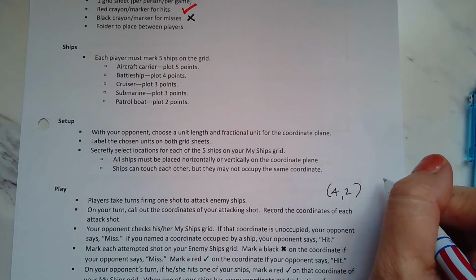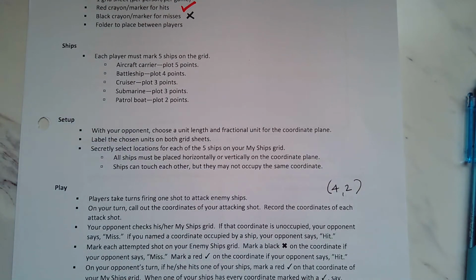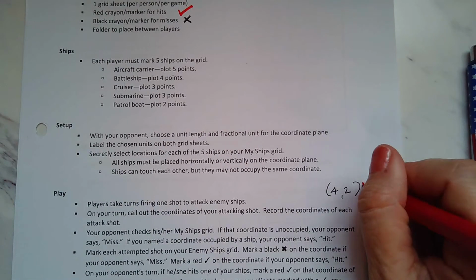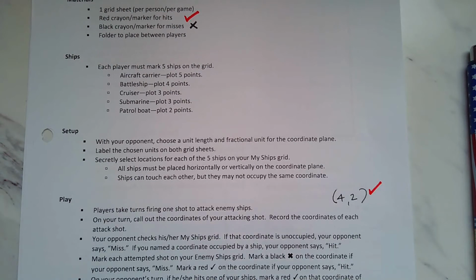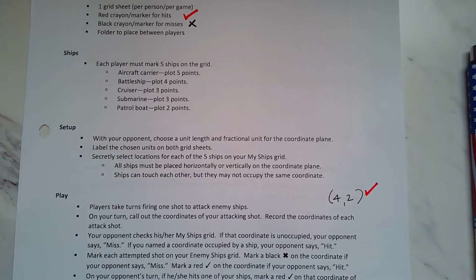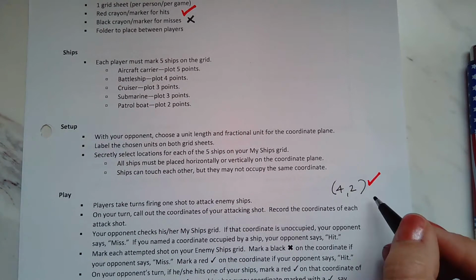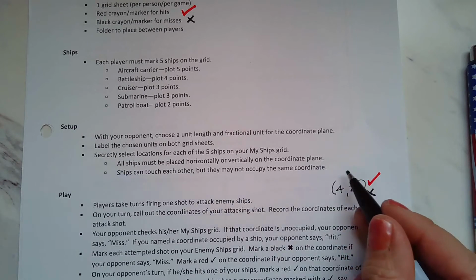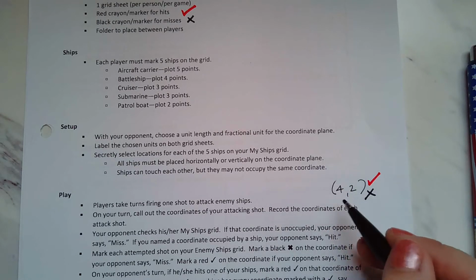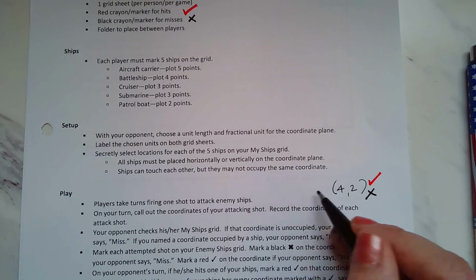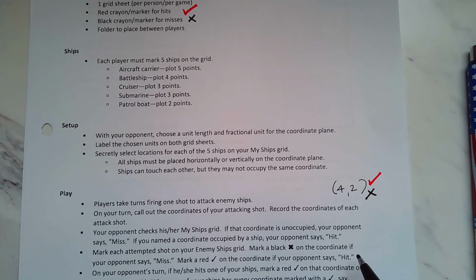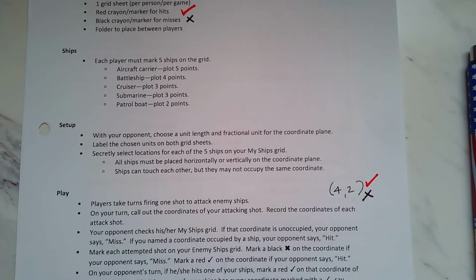If your partner says miss, then you mark it as a miss. If your partner says hit, then you go, aha, now I know their battleship or their aircraft carrier lies either on that x-axis or that same y-axis in that pair.